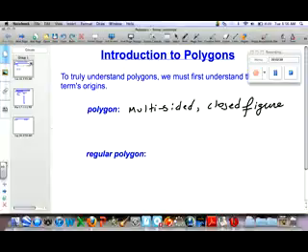So that basically means that in this case we have a pentagon. And a regular polygon, well, let's take a look at what a regular polygon is.